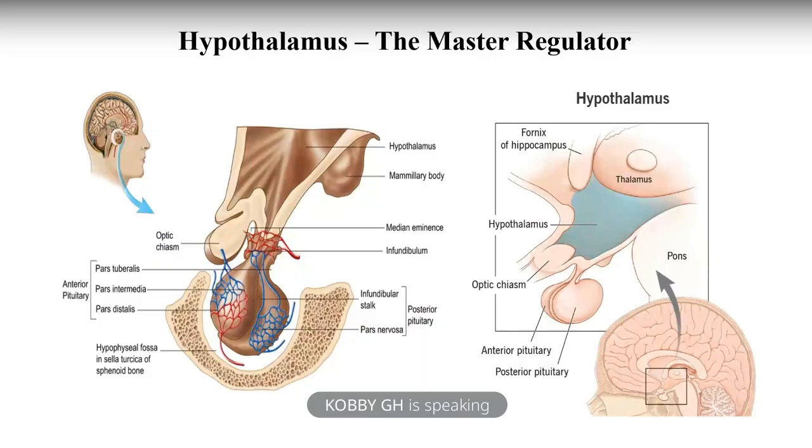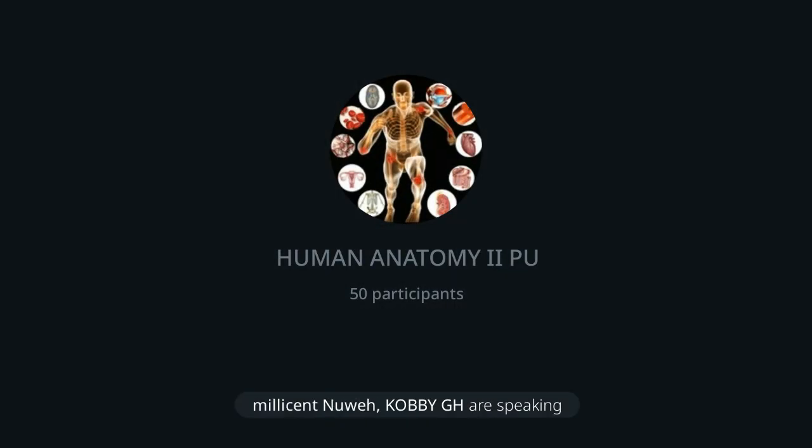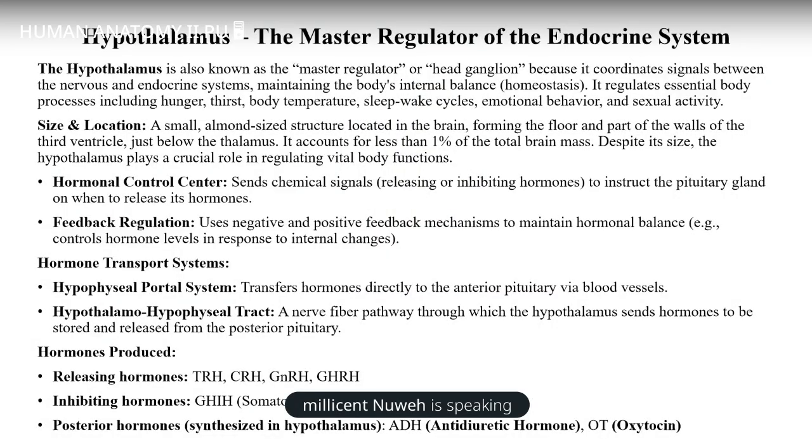Is that okay? So what are the releasing hormones that are produced in the hypothalamus? Yes, what are the releasing hormones? We have the corticotropin releasing hormone.